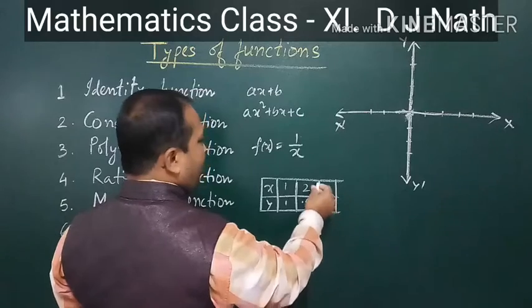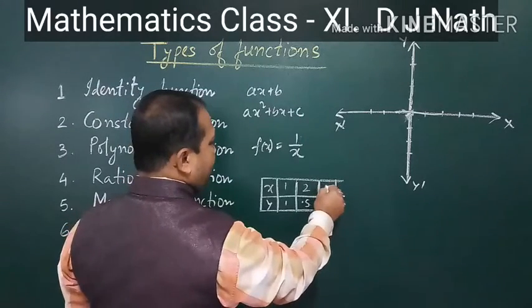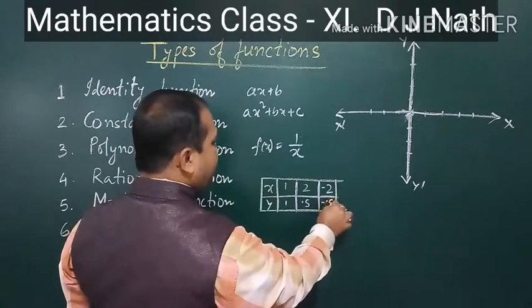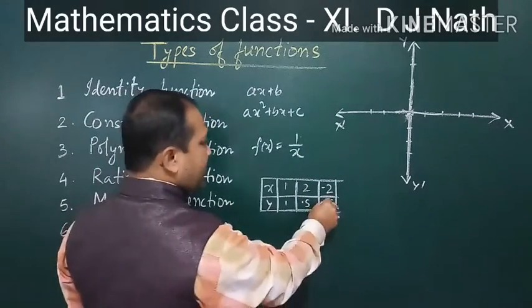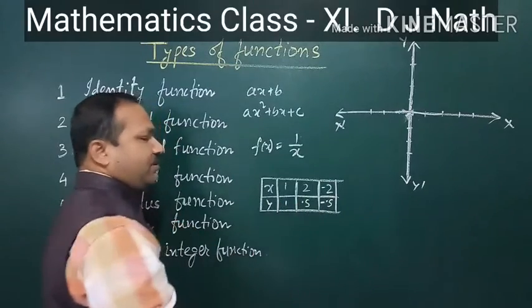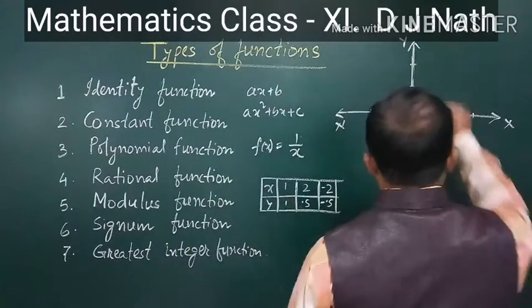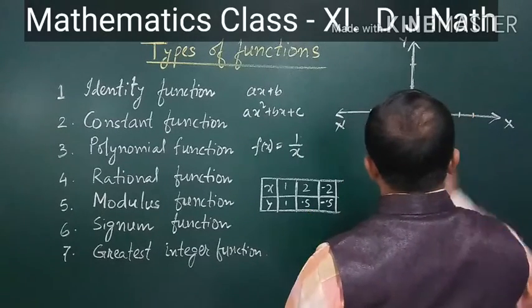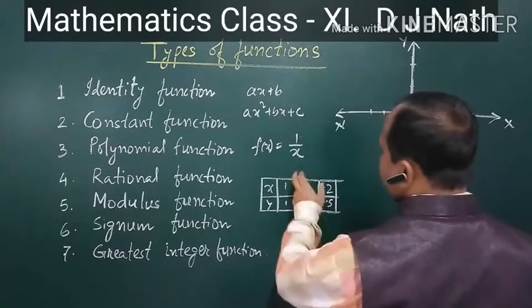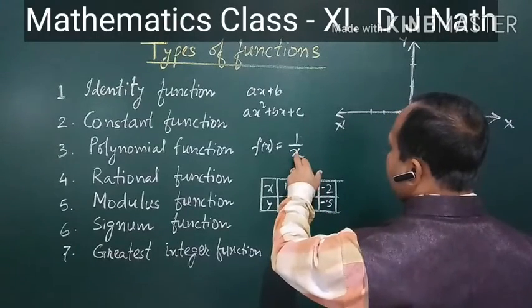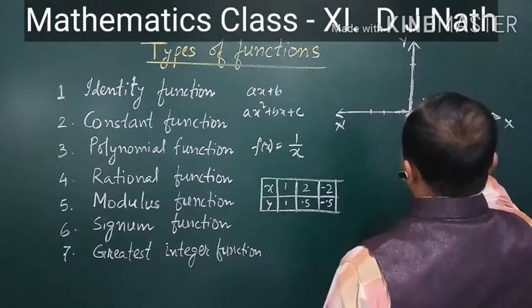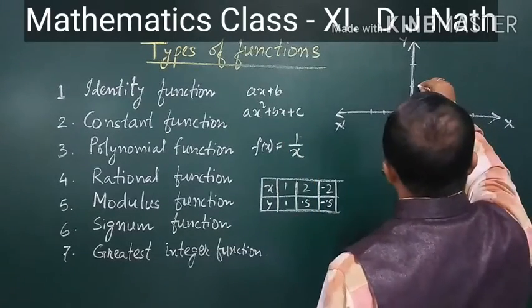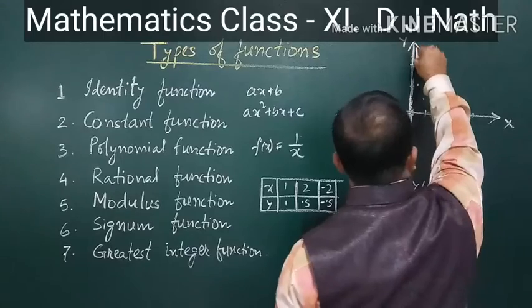If you take minus 1 or minus 2, then it is minus 0.5. So if we plot the points, if it is 1, it is 1. If it is 2, it is 0.5. If it is say 0.1, it is 10, and if you take 0.5, then it becomes 2. So like that it goes, meaning the graph will come that way.